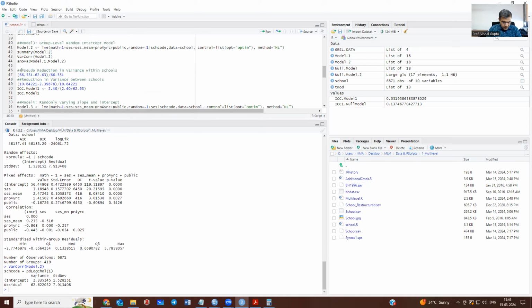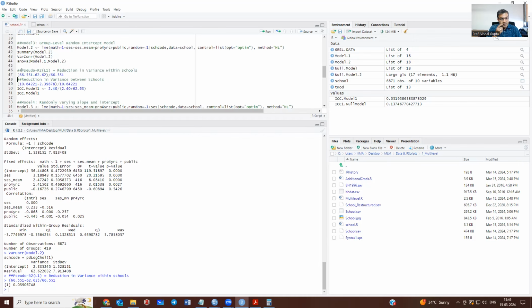Pseudo r square at L1 is equal to 66.551. Let us correct these numbers a little bit because we are estimating it with maximum likelihood now. So our pseudo r square is 5.9%. After bringing in all these predictors, we have been able to explain 5.9% variance.